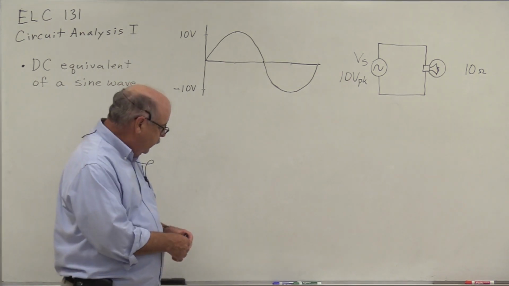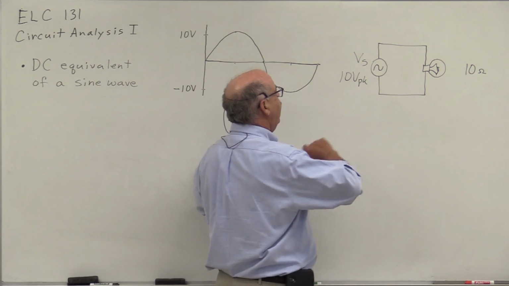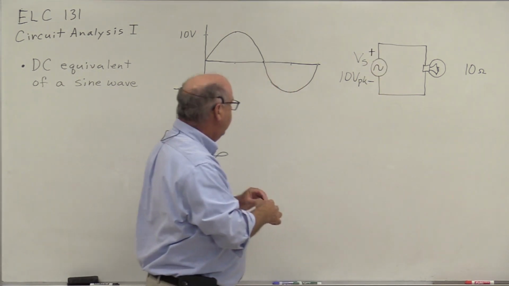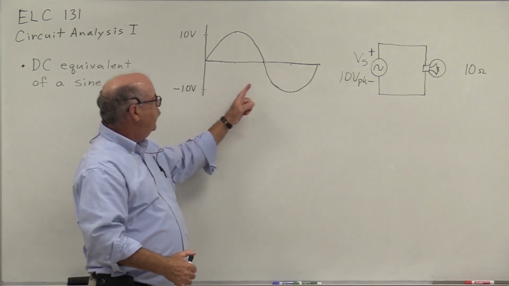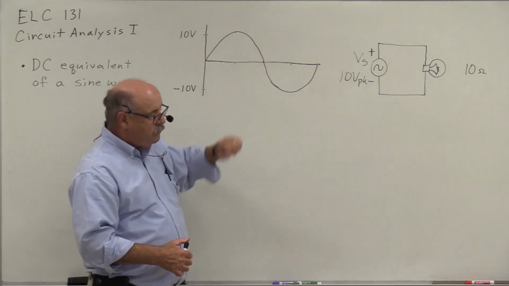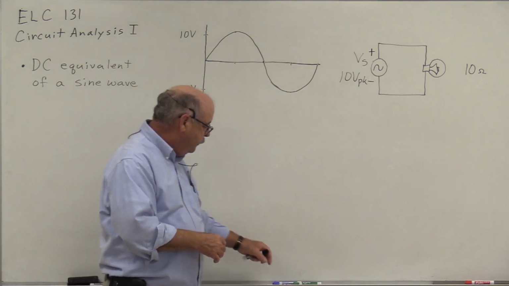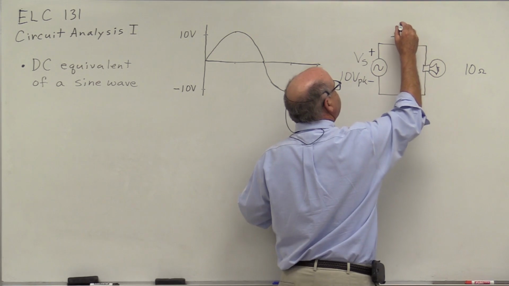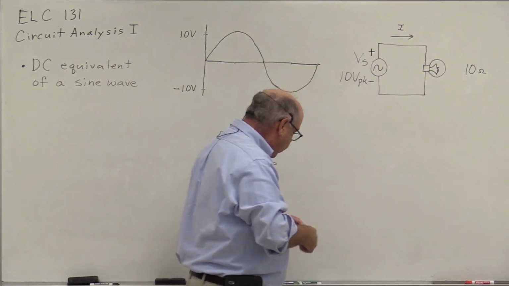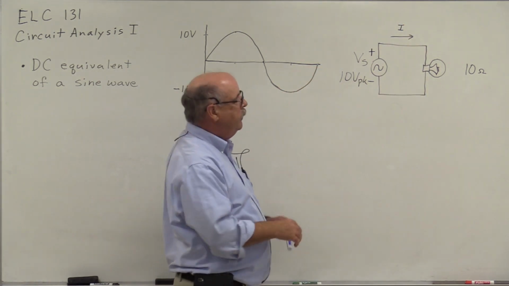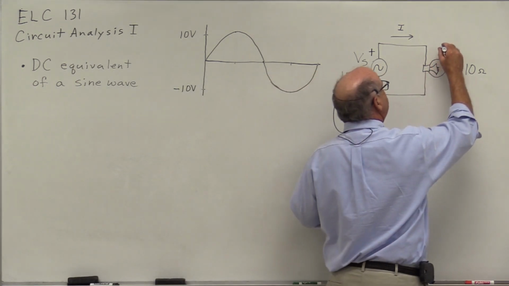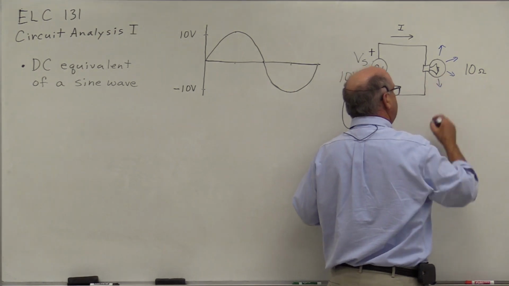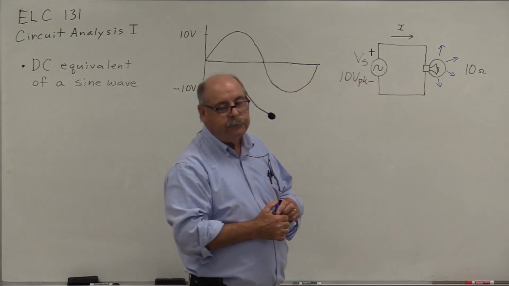Now, during the first positive half cycle of this AC waveform, from here to here, this voltage source is positive to negative. Current will be flowing in this direction through the lamp, and as current flows through the lamp, the filament will heat up and generate light.